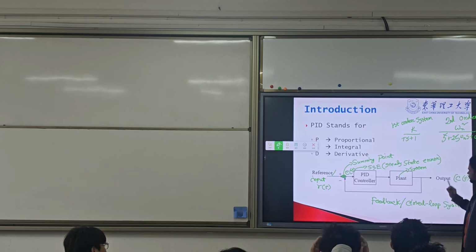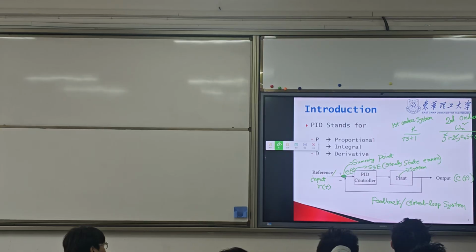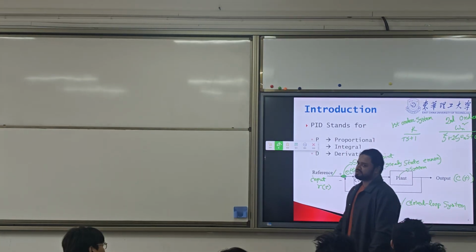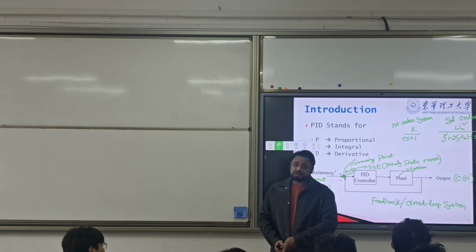Then we get an output by finding the transfer function, C(t), or in Laplace, C(s) by R(s). We know all this; we have done that in mathematical modeling, then time domain analysis, then frequency response analysis.